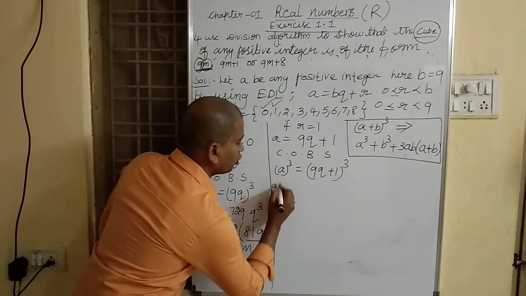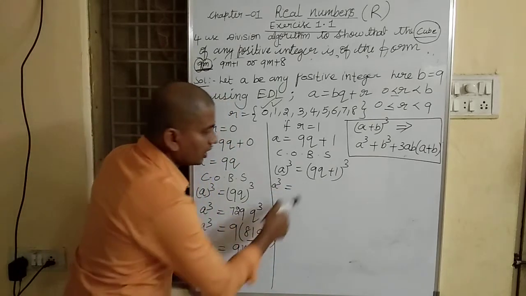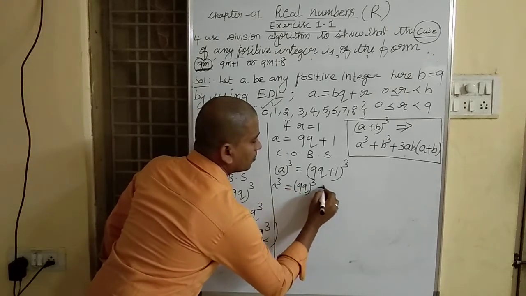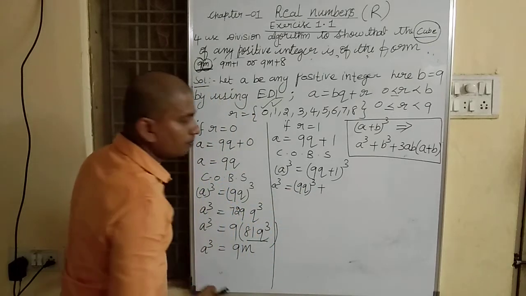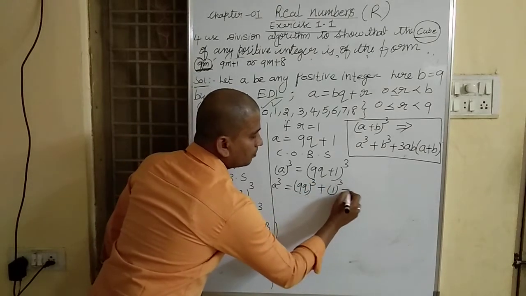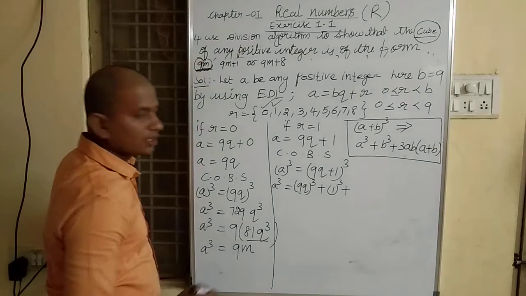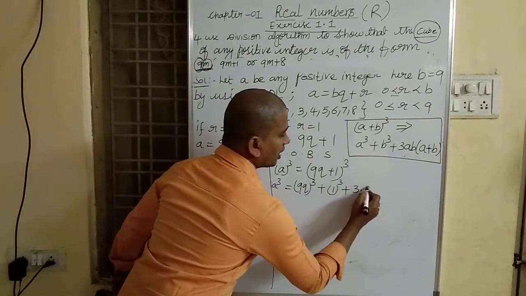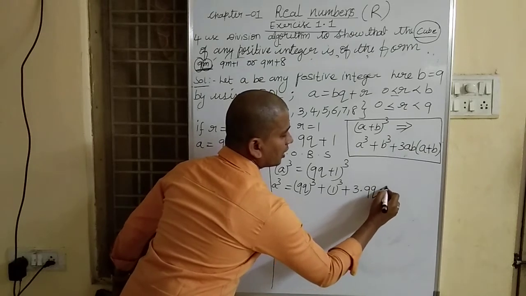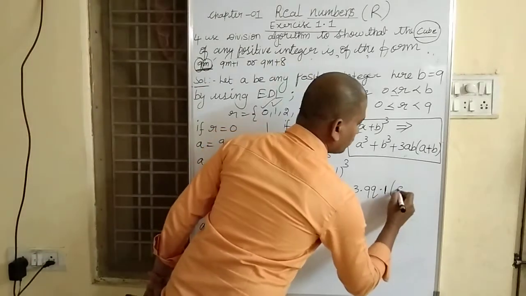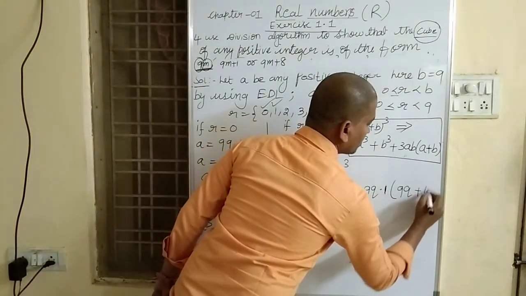So a cube equal to 9q whole cube plus b cube. What is the value of b cube? b value 1 cube, plus 3ab, with b equal to 1, into bracket open, a value 9q plus b value 1.